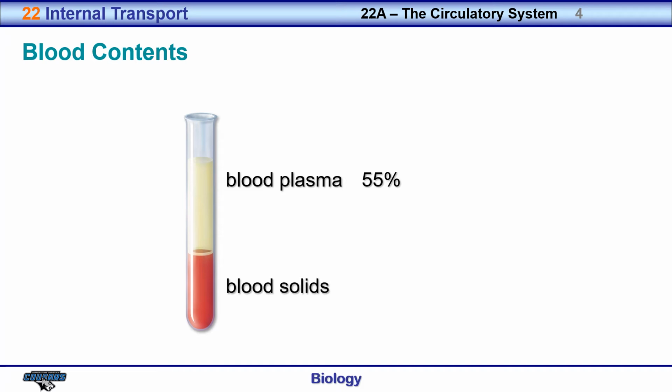The bottom is the solid part, about 45% of our blood, and that's where you're going to find the red blood cells, the white blood cells, the blood platelets, and things like that. But our blood is about 90% water, so water is a very important part of maintaining a healthy body.